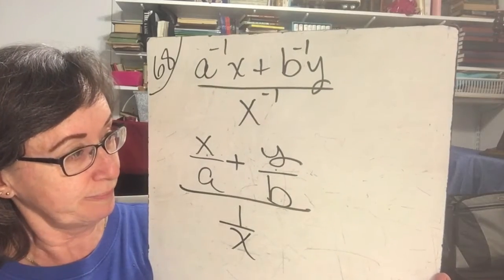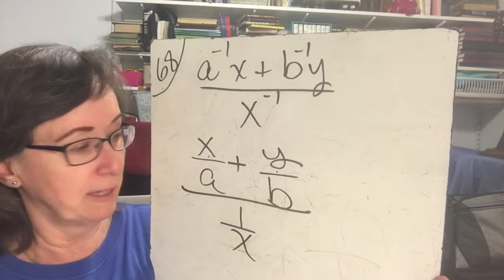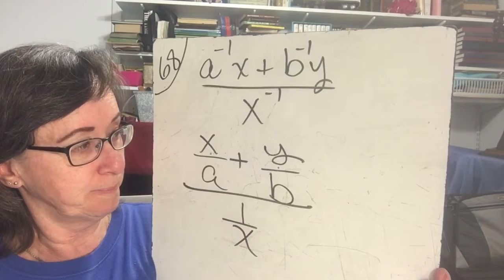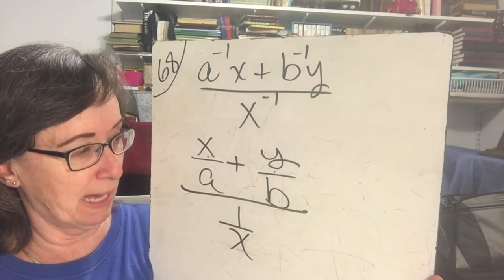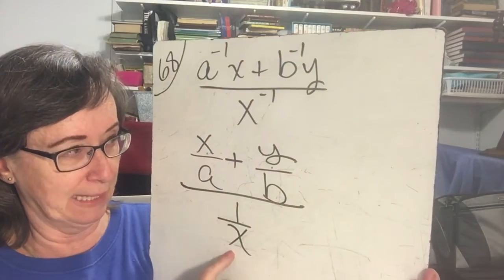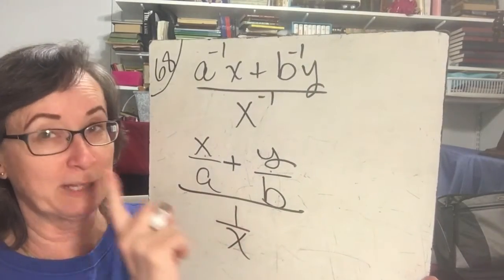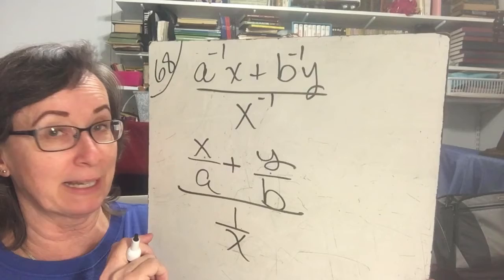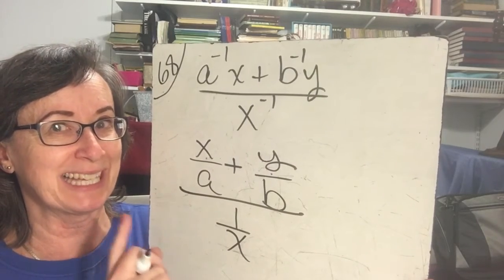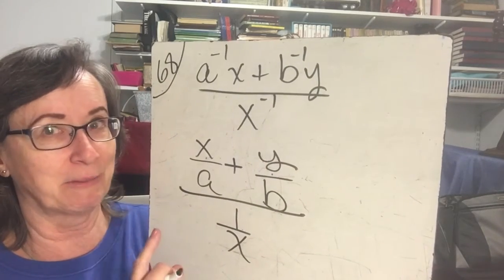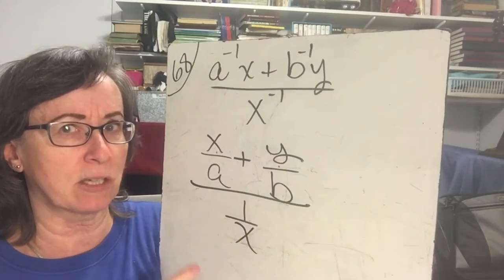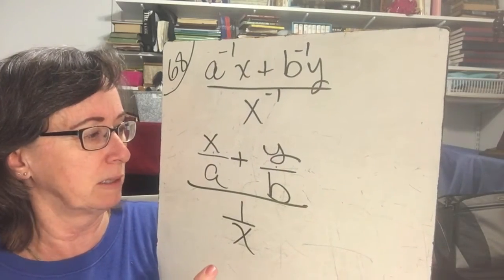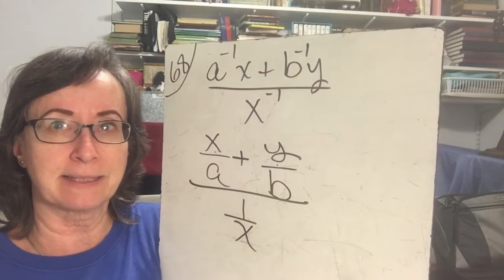Now, what a mess. But what we can do is multiply through by the least common denominator. We could do this 3 ways like we did the last one. I'm going to show you we're going to get the same answer all 3 ways. So what would be the least common denominator of an A and a B and an X?